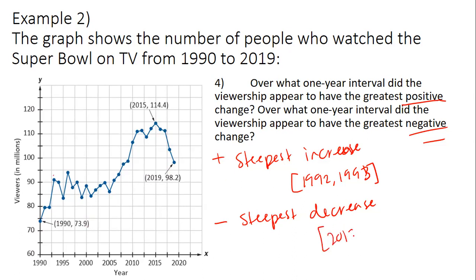Is that easy enough to analyze? And then could I back it up with the math? Yes, I could back it up with the math and show that there was about a 10 million viewer increase from 1992 to 1993, and about an 8 million viewer decrease from 2017 to 2018.